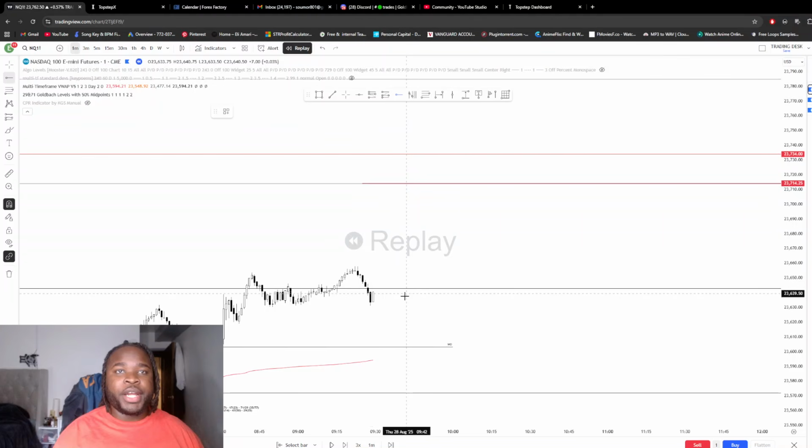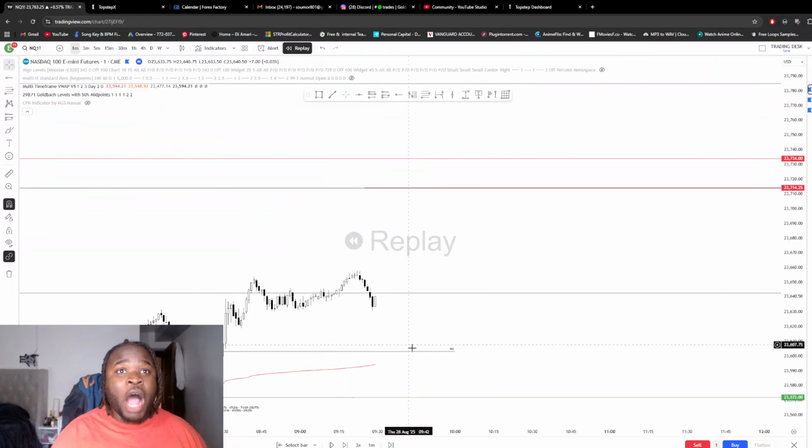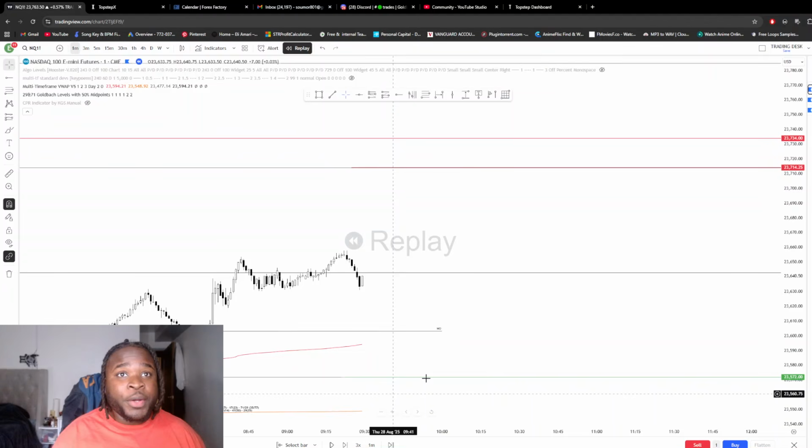I see my weekly open is here, my VWAP is here. So I'm interested in these levels. You can also say I want to buy when it gets down here, because if you want to see price push lower for the market makers to place their orders, then I'm expecting it to go higher.